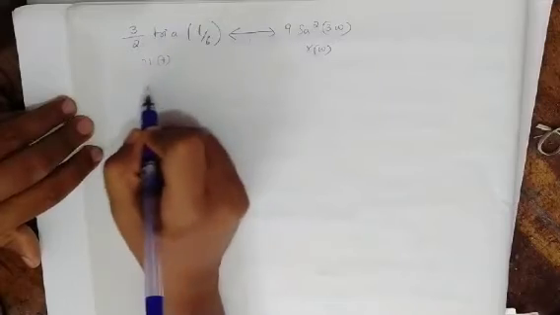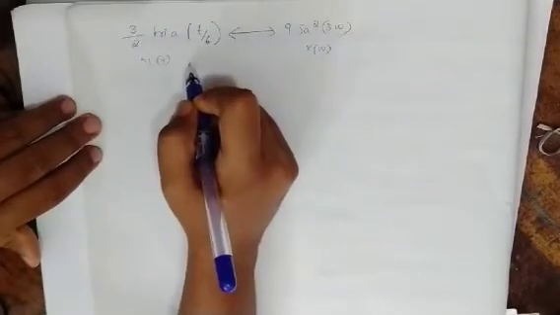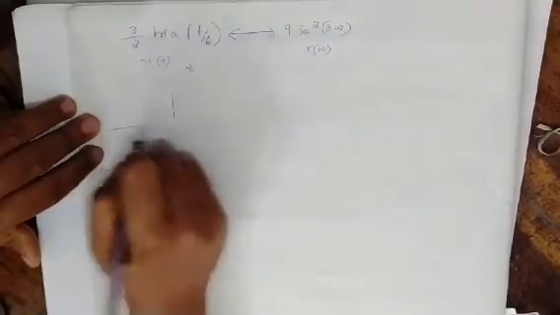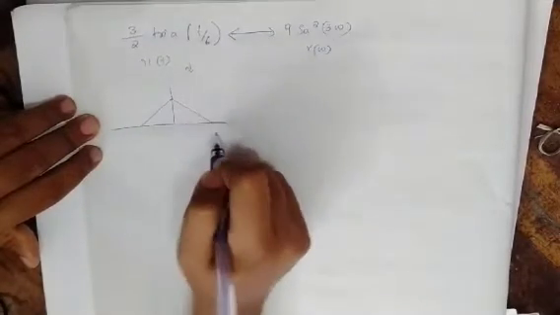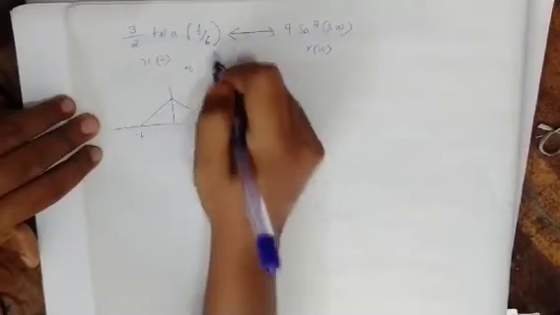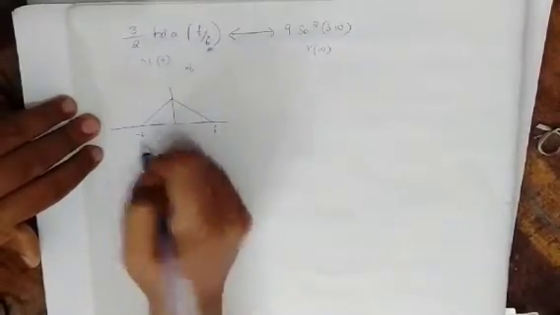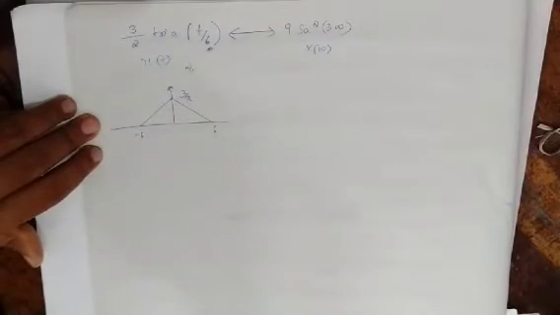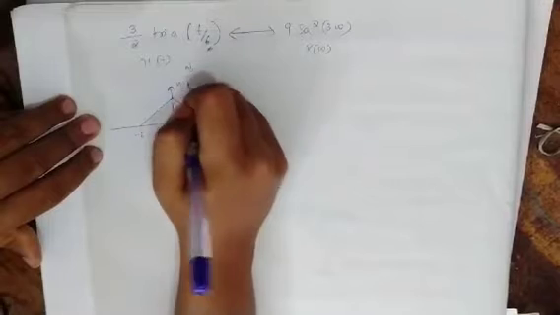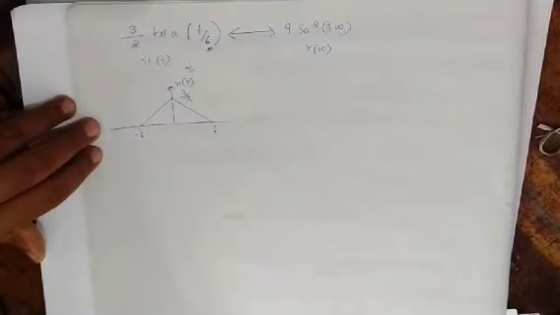So, I am going to plot this. If I plot this, the triangle will be like this, from minus 6 to 6, with an amplitude of 3 by 2. So, this is our x of t.